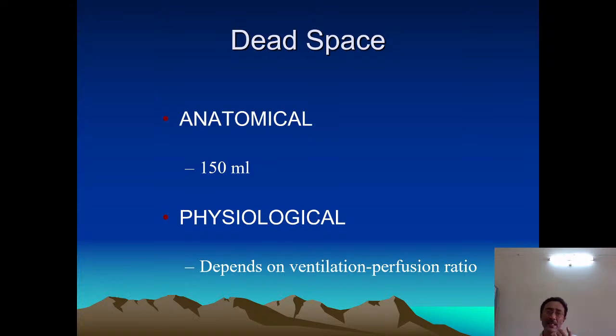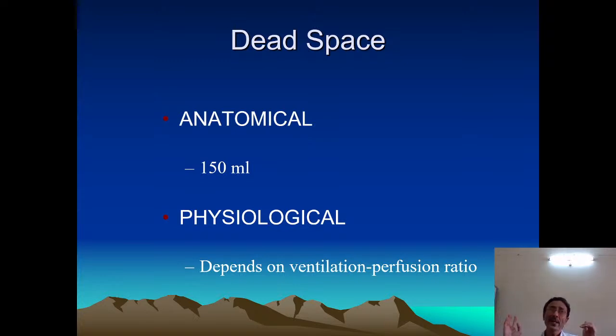What is anatomical dead space? Anatomical dead space is the dead space present in the respiratory tract from the nose to the upper part of the bronchi, where air is present but no exchange of gases is taking place. That is around 150 ml.